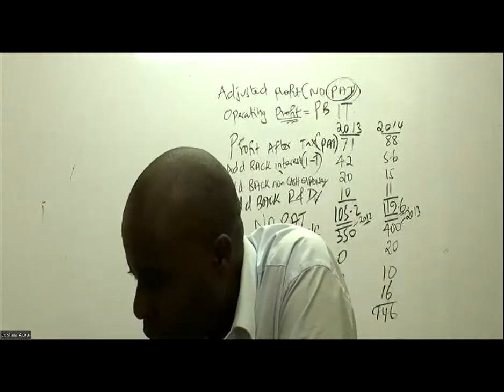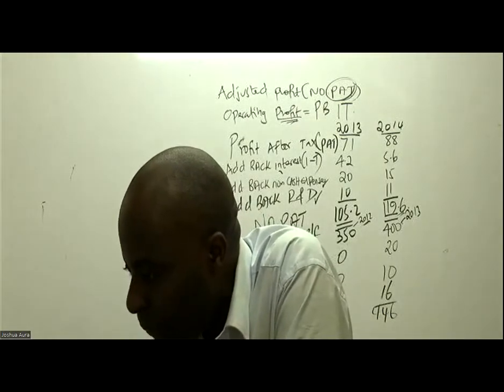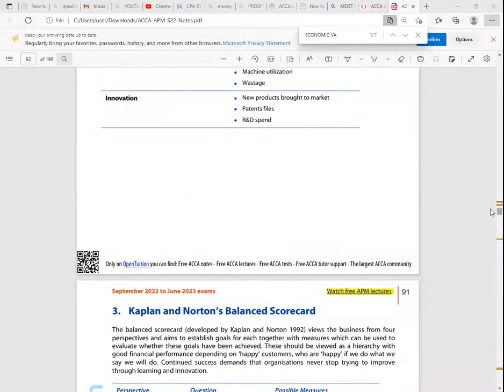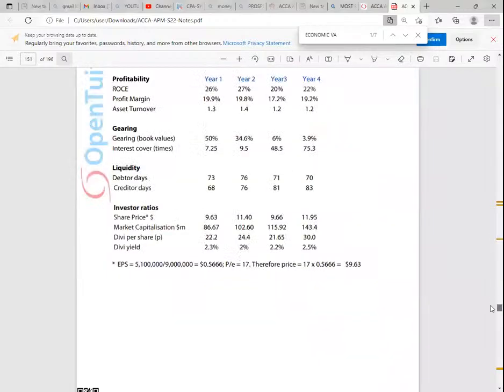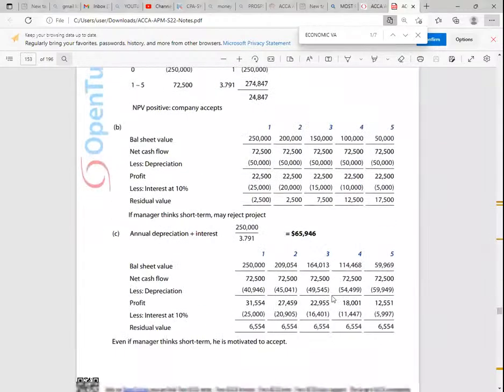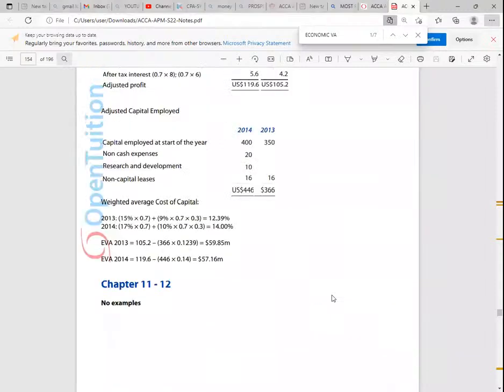And of course, you can go to your answers. You'll be able to see chapter 10. This is so interesting, chapter 10. Here they are, 366, 446.